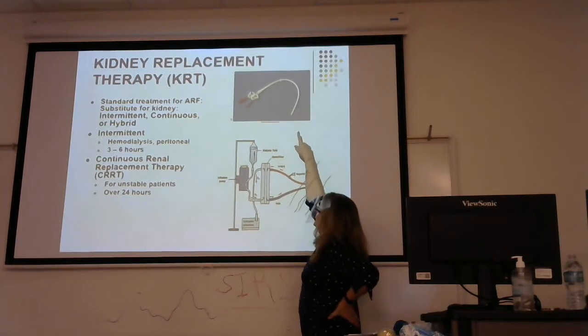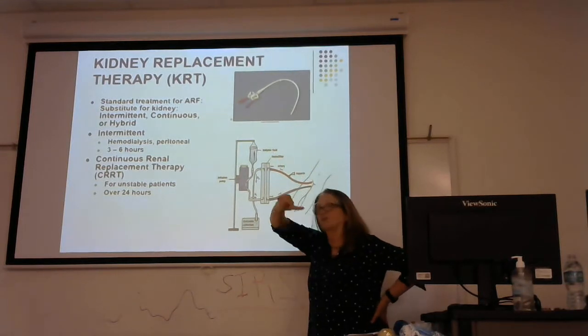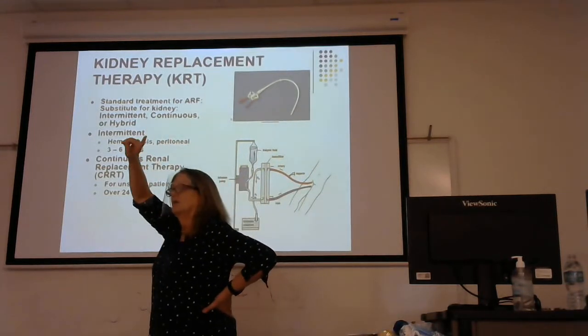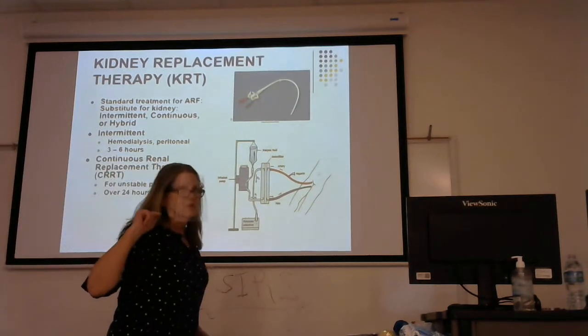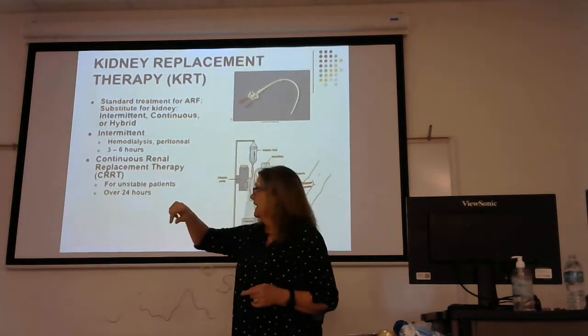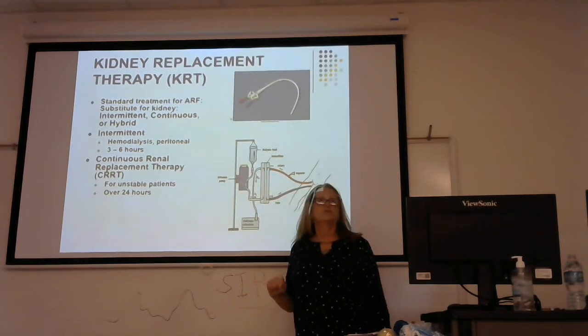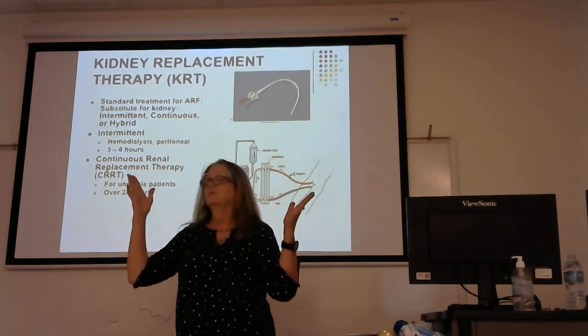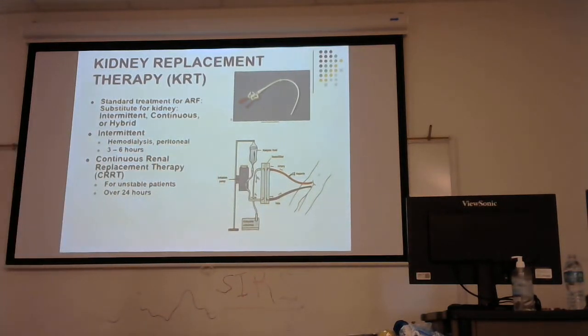This is a CV line, neck line. The 2 ports, one is for arterial blood, and the other one is for venous, which is an inflow. Take it through the dialyzer here, and then put it back so that it sends good, clean blood out to all the organs.